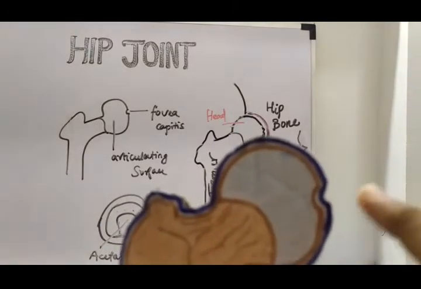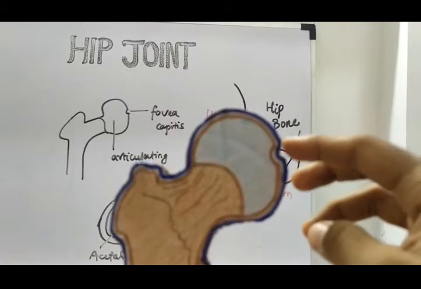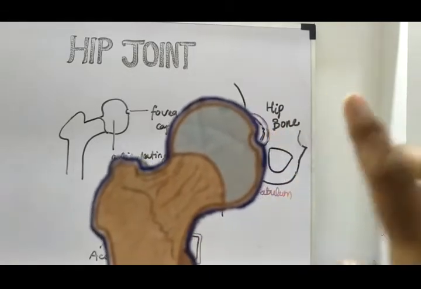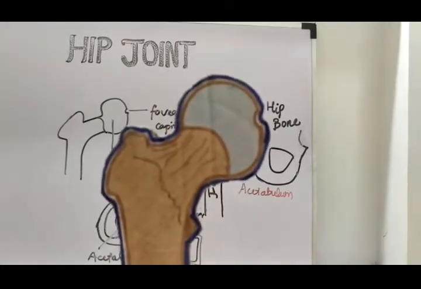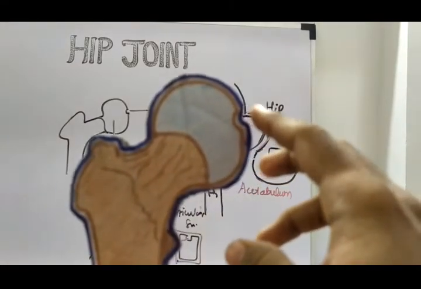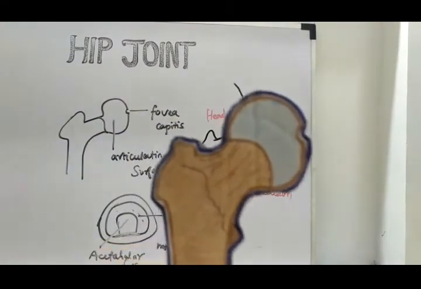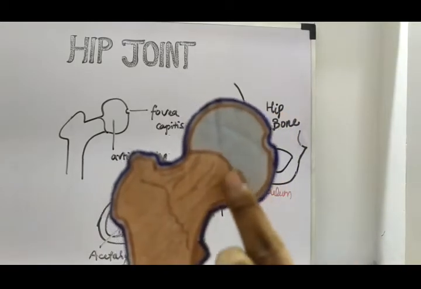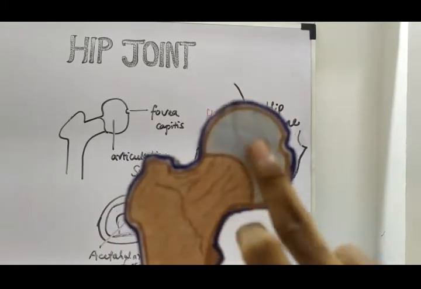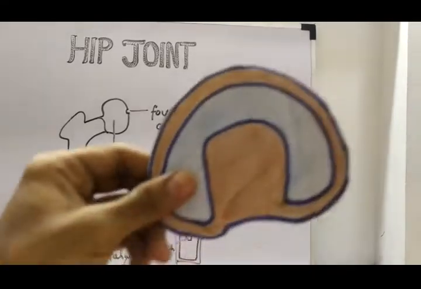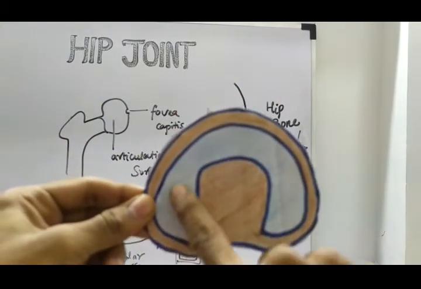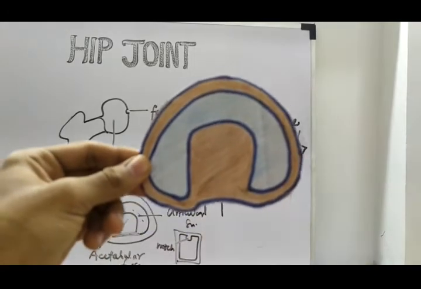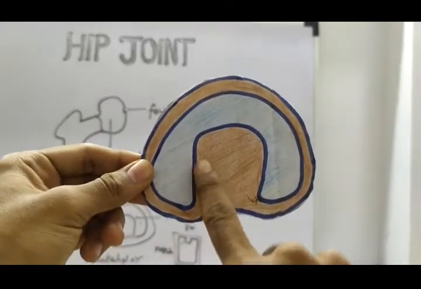Look, as I said, this is the fovea capitis. Here you will be having an attachment of a ligament, which is the ligamentum teres, the ligament of the head of the femur, and this portion is the articulating surface of the head of the femur. And in the acetabulum, it will be the articulating surface, the crescent shaped surface, and this is the notch.